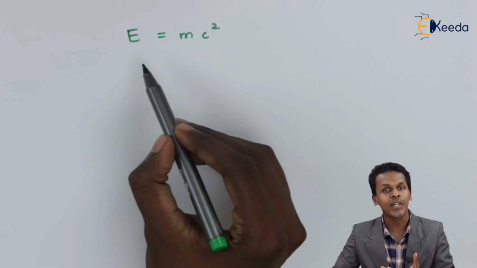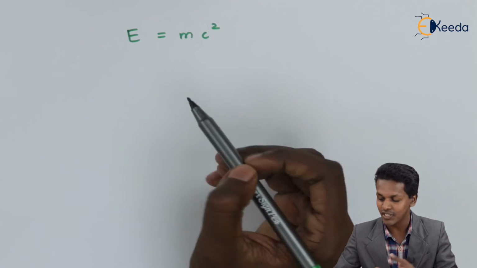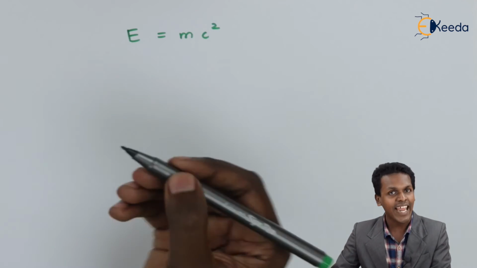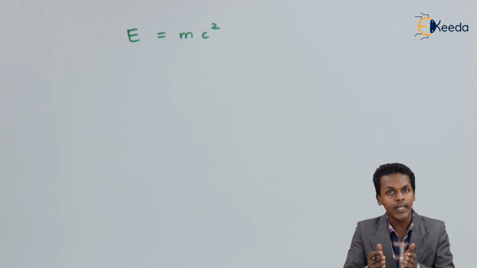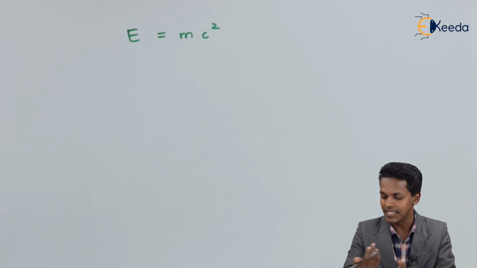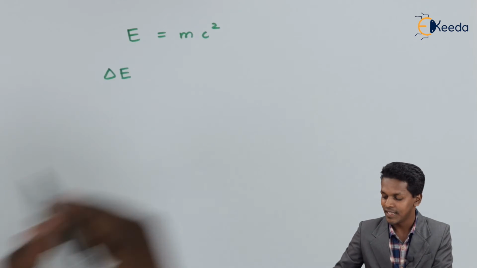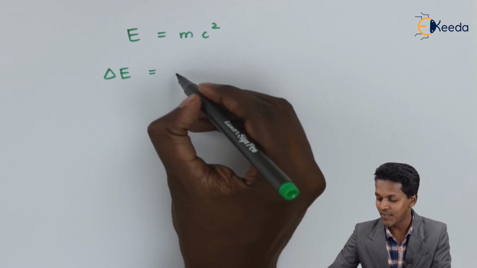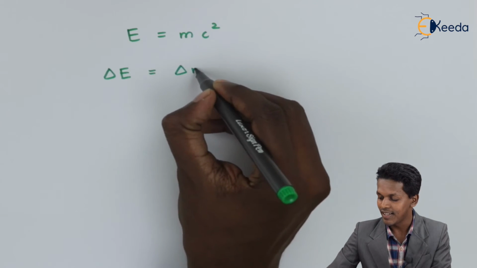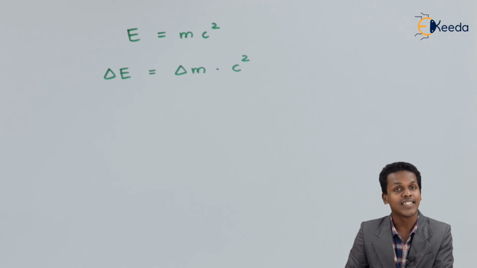Since we are talking about the energy difference and the mass defect, obviously we need the binding energy. Suppose the energy required to hold the nucleons, that is proton and neutron, is found to be delta E, and obviously we are talking about the mass defect, that is delta M into c square.